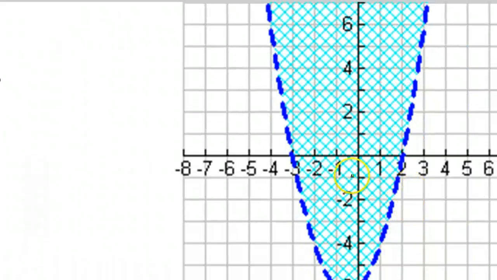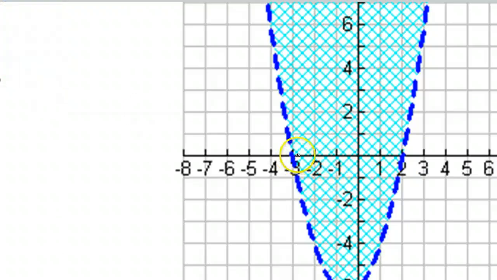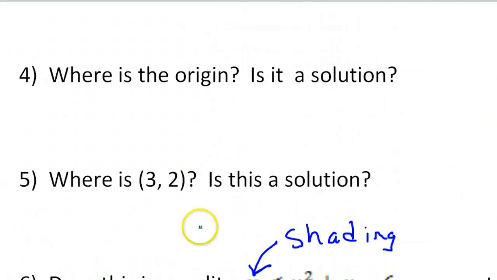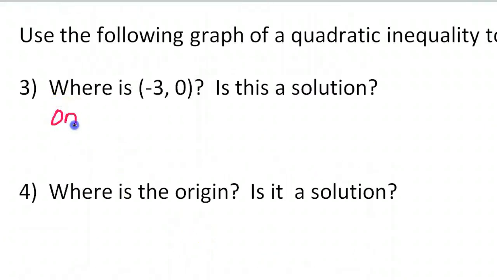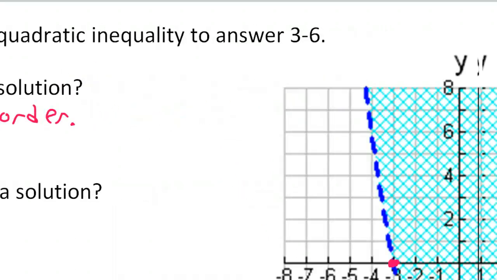Let me switch colors for a second. Negative 3 comma 0 would be right here. That is on the parabola. It's on the border. That's the where. Now, is this a solution?